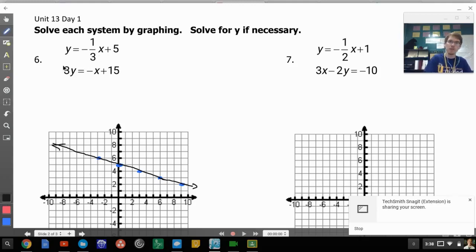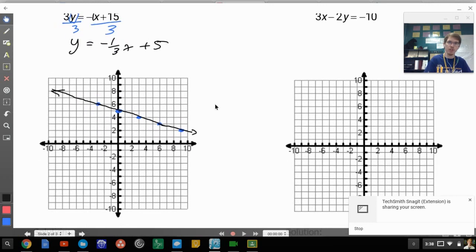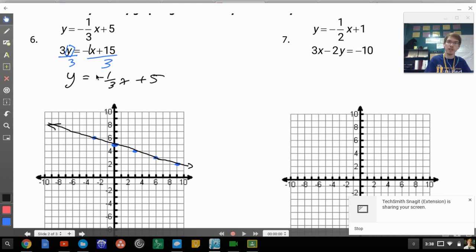Now for the second one, I want to get y by itself, so I'll divide everything by 3. I get y equals negative 1/3x plus 5. That should appear slightly strange to you, because we've already graphed negative 1/3x plus 5.